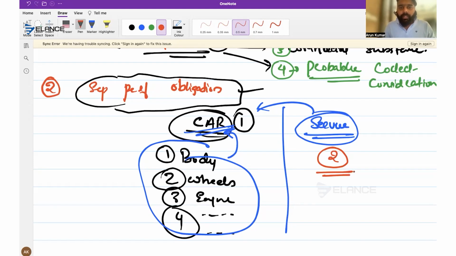Is that clear, everyone? So we should always check: is it an integral part? Can they work separately without any kind of interdependency? This is how we identify whether a situation has a separate performance obligation or not.